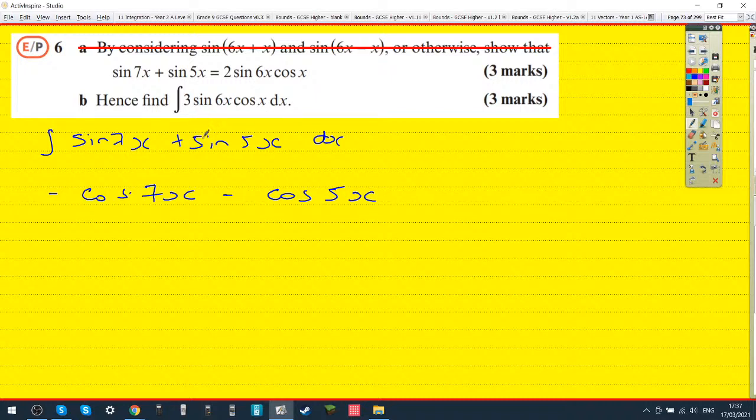The second one was sine 5x. You wrote minus cos 5x, but what's missing? Over 5. And the first one? Over 7. There you go. Don't forget plus c.